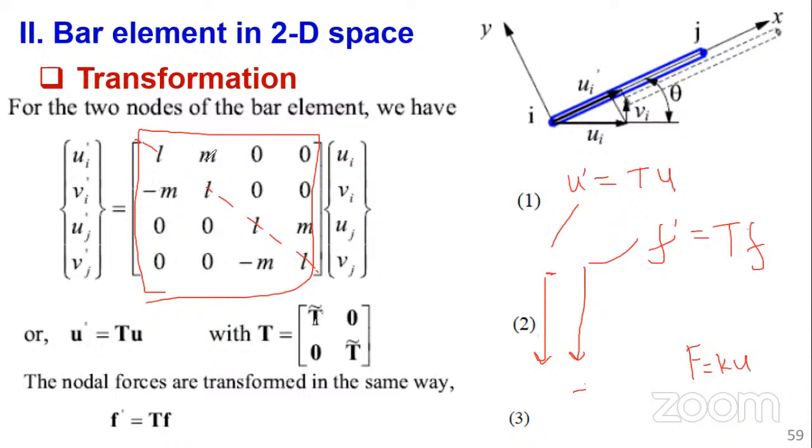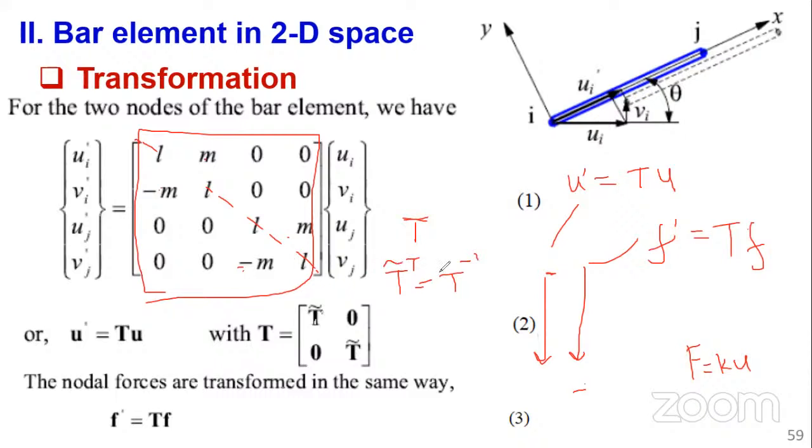This quantity is mirrored here, this quantity mirrored, of course, with this negative. So there is a unique property that this matrix has, and we say this matrix is orthogonal. Matrix T is orthogonal. What we say by this is that T transpose is equal to T inverse.